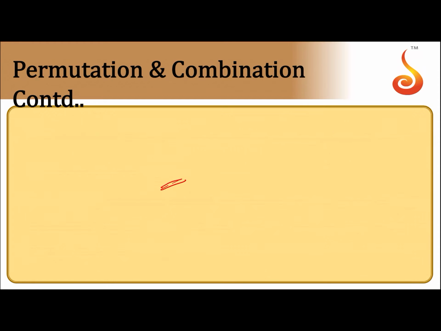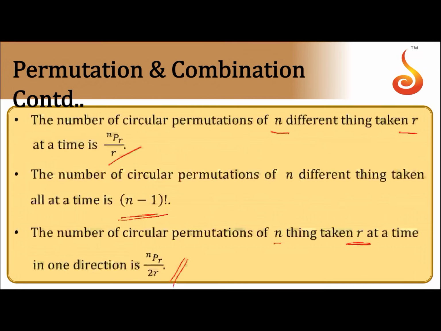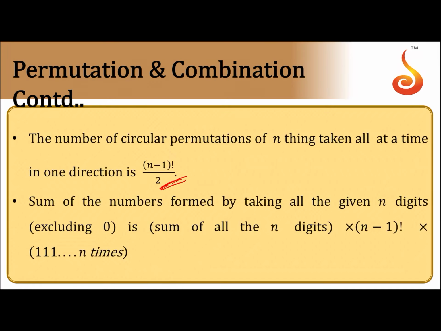I repeat once again, the number of circular permutations of n different things taken r at a time is nPr by r, and in one direction nPr by 2r. And the number of circular permutations of n different things taken all at a time is n minus 1 factorial, and in one direction taken all at a time is half of that, n minus 1 factorial by 2.